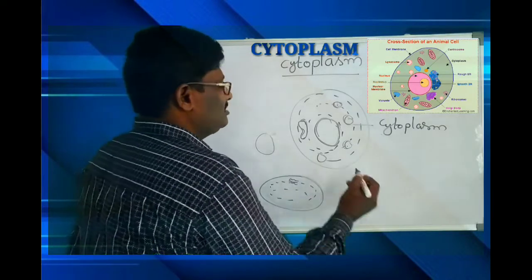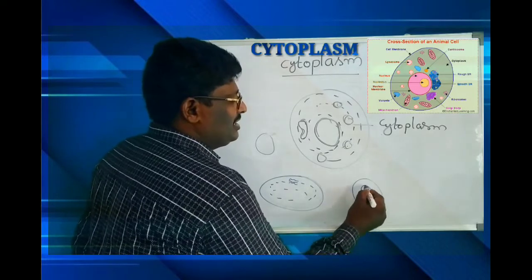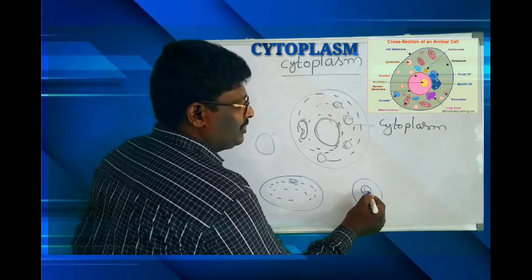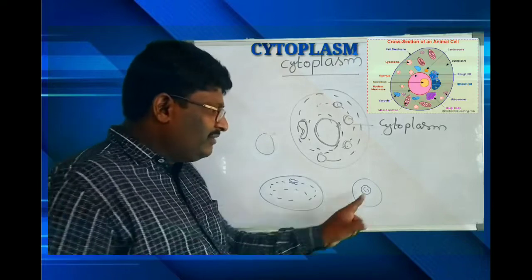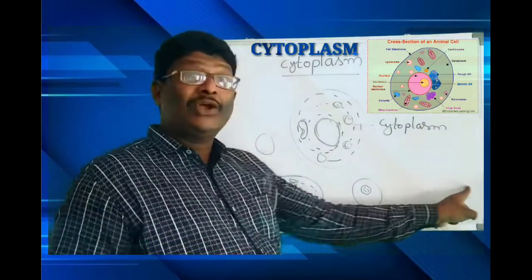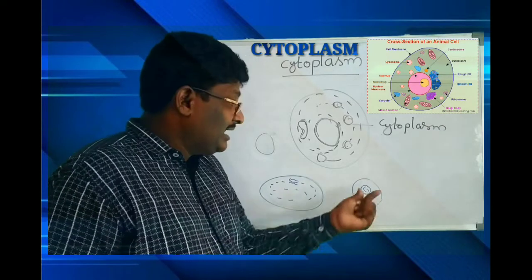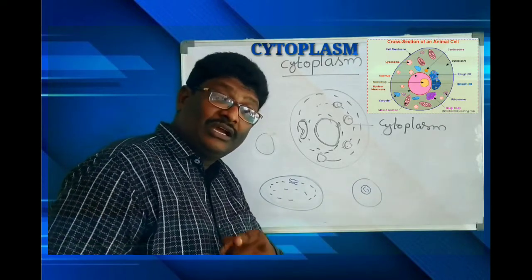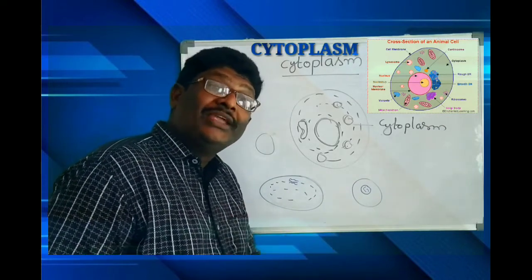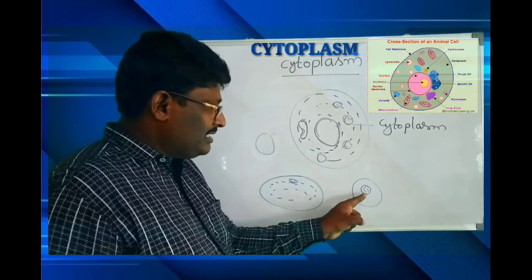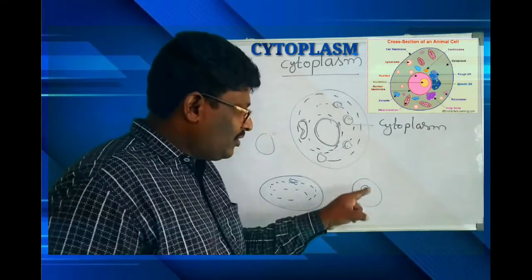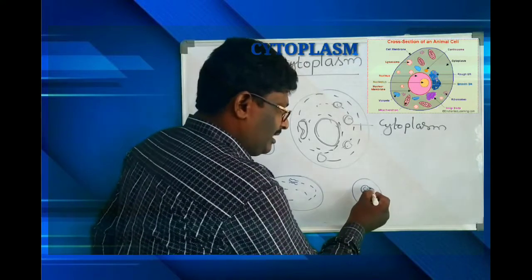But generally, this is a cell, this is a nucleus, and around the nucleus there is a nuclear membrane. So this kind of living organism is called eukaryotic cells. It means those having a nucleus in their body cells are called eukaryotic cells. The cells have a nucleus, and around the nucleus there is a membrane also.